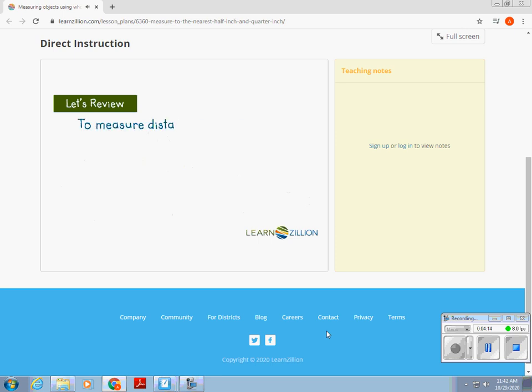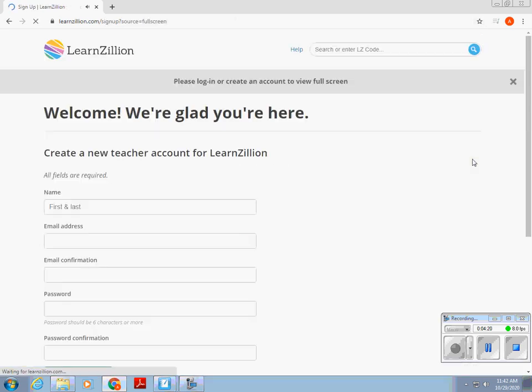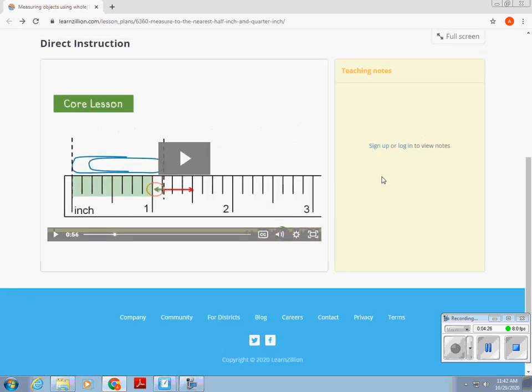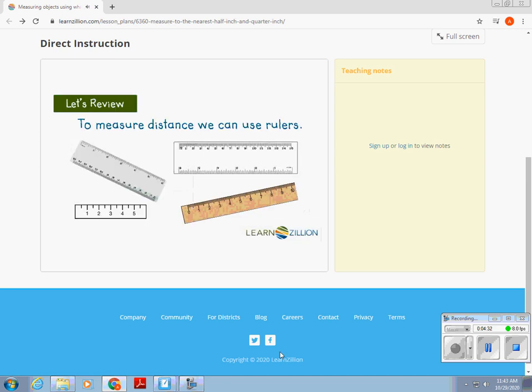To measure how long something is, or in other words, to measure distance, we can use rulers. We can use rulers. They may look different, however, they are all standard, which means an inch is the same size on all measuring tools.